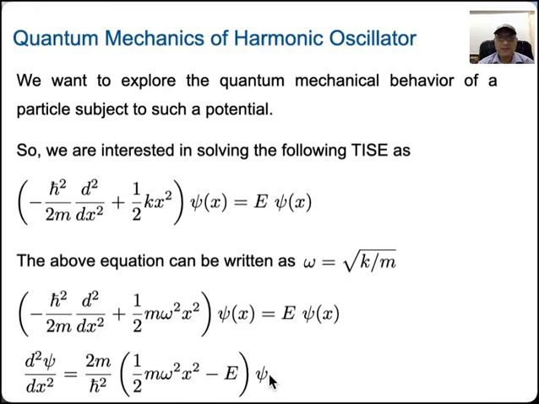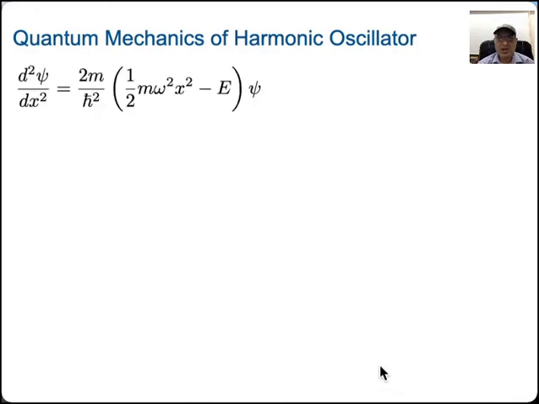You will appreciate why I have transformed it in the following fashion. So now the task left is to know what is the value of psi and what is the value of E. Solving this equation in a complete sense is beyond the scope of this course. It is one of the difficult problems which requires the knowledge of a special function.